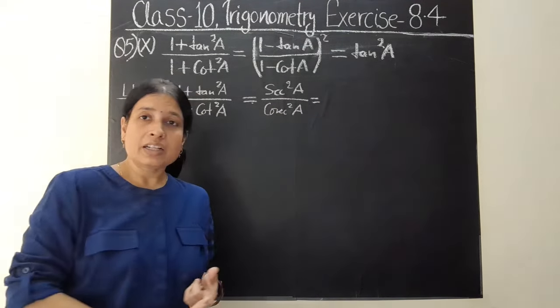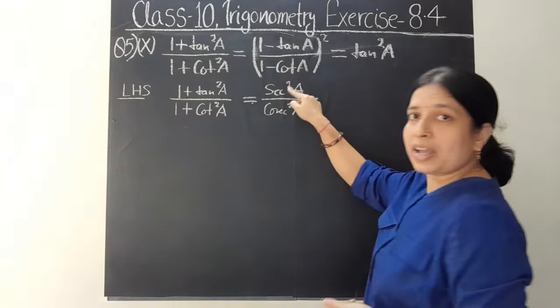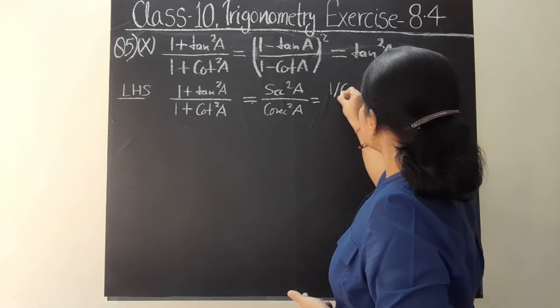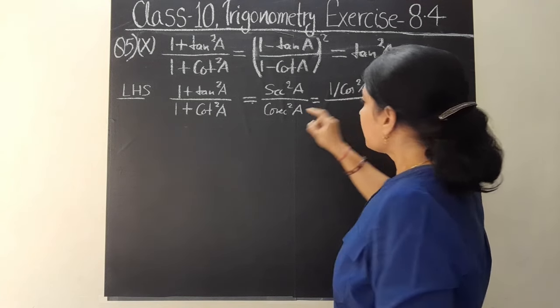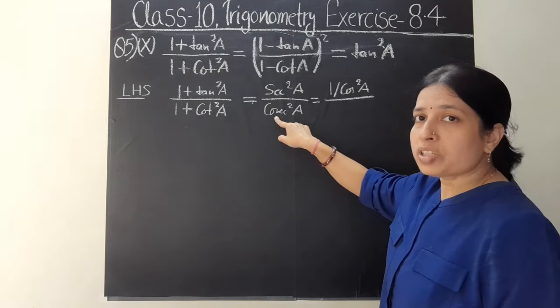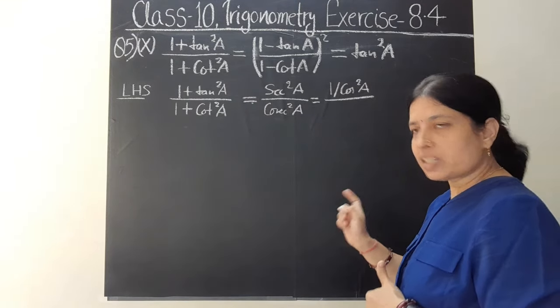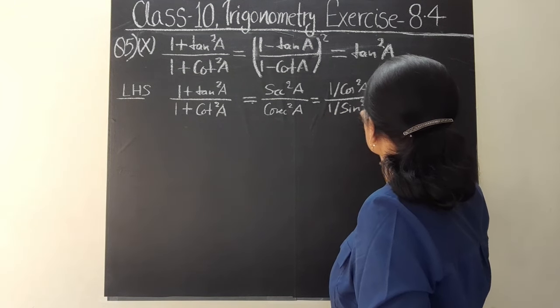And you know that sec a is equal to 1 by cos a. So in place of sec square a you can write 1 by cos square a. So write here 1 by cos square a, and here it is cosec square a. So in place of cosec square a we can write 1 by sin square a. So write here 1 by sin square a.